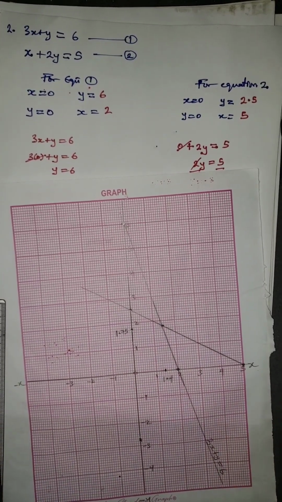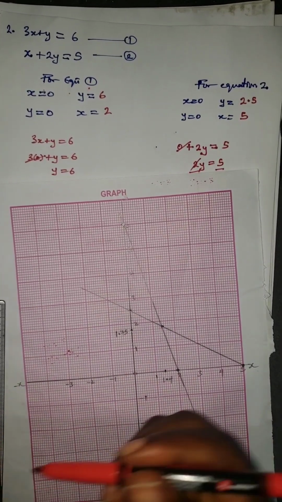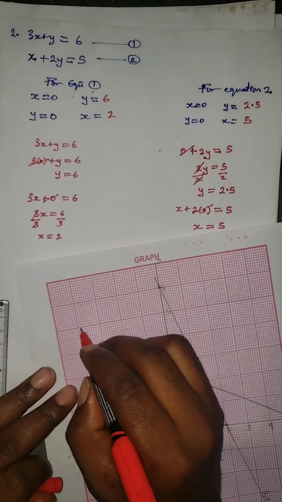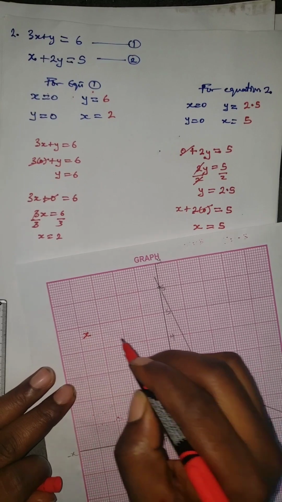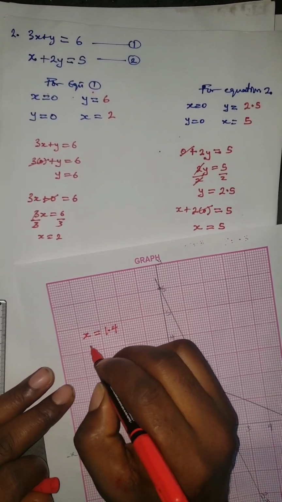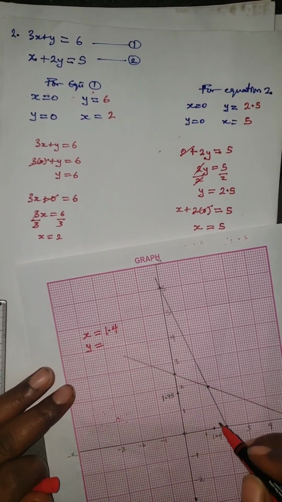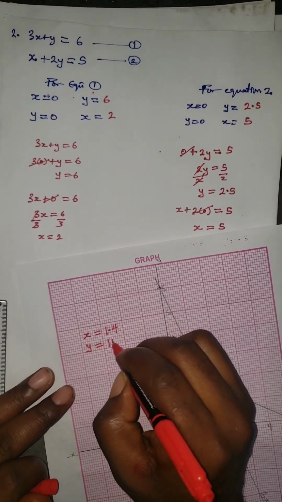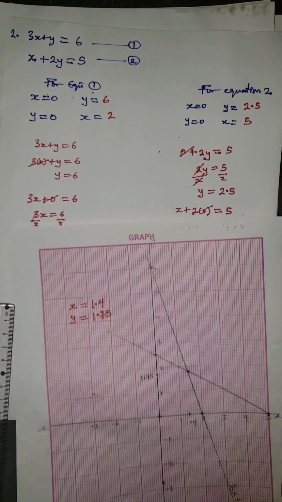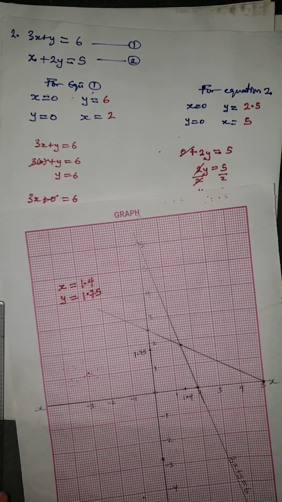Remember these are approximated values. So with that, we can now say that our x is equal to 1.4 and our y equals 1.75. So that's the answer using that second method.